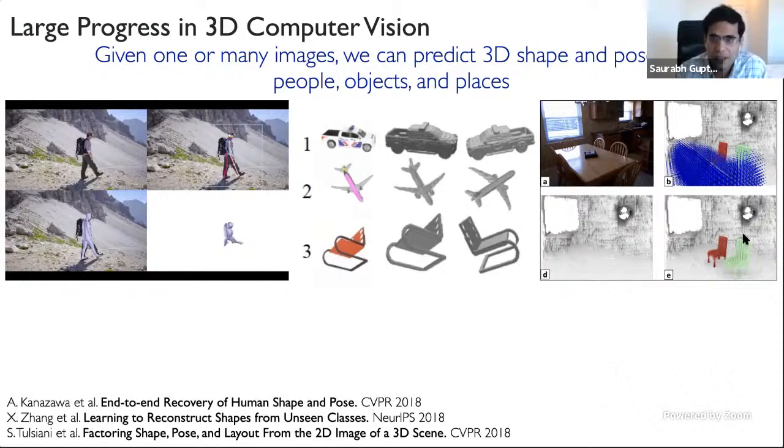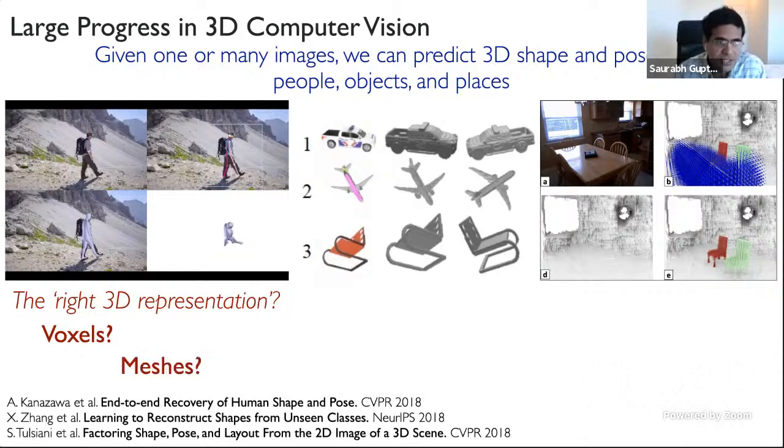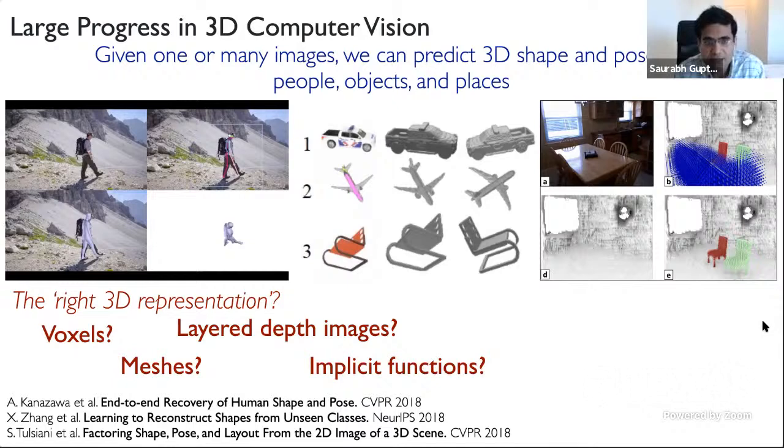And so forth. But among these, I think the central question that we all have debated many times over and over again is this question of what is the right 3D representation? Should it be voxels? Should it be meshes? Should it be layered depth images? Or should it be implicit functions?